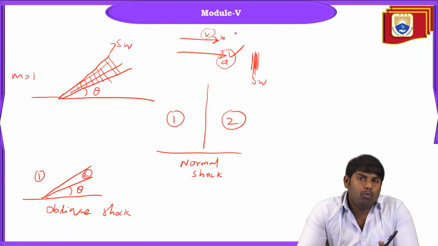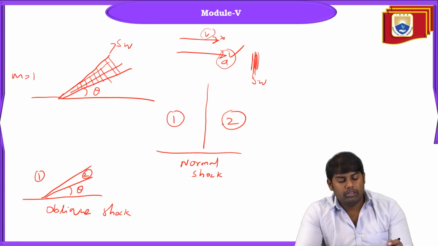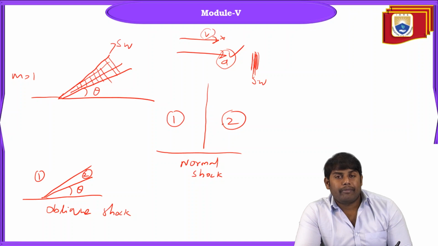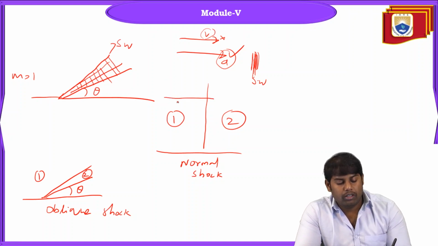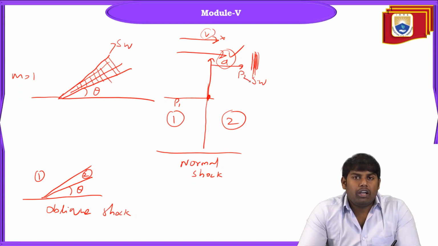Now, what is happening? When you have this strong shock wave, the properties of the flow will change suddenly like this. Here you have P1. Suddenly at this point it will rise and go to P2. Fine. So the shock thickness will be somewhat microns.